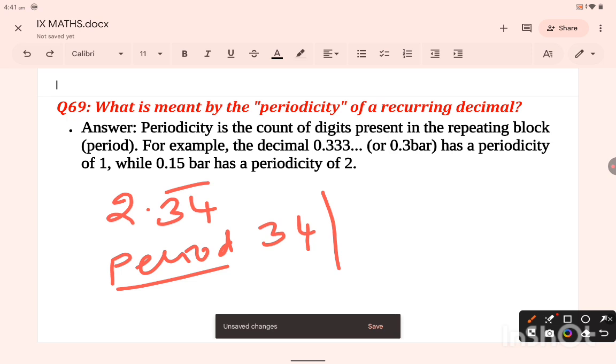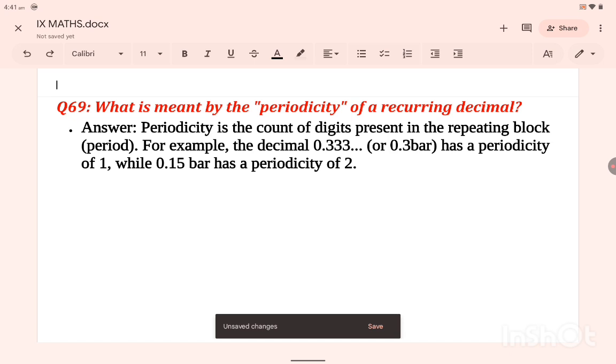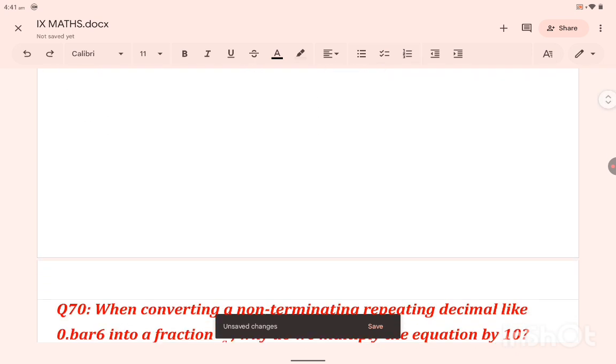How many digits are repeated here? Only 2. That 2 is known as the periodicity of the non-terminating recurring decimal 2.34 bar. So here periodicity is 2, period is 34.